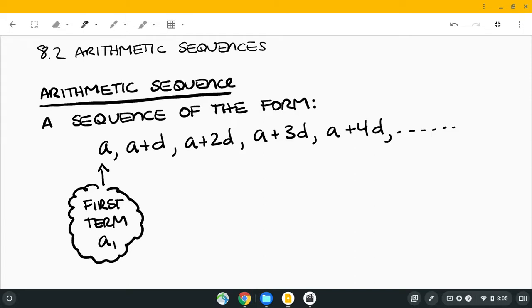Okay? And then over here, this D that we keep seeing showing up is our common difference. It's what we call the common difference.